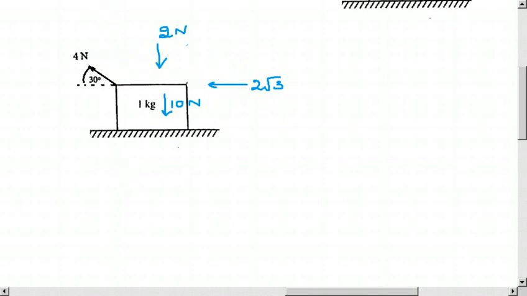Then from this given force, this angle is 60 again. Therefore to the vertical direction 2 Newton is there, because 4 cos 60 is 2, because cos 60 is half. Then to this way 2 times root 3, because 4 cos 30 is 4 times root 3 divided by 2. So after simplifying we get this one.